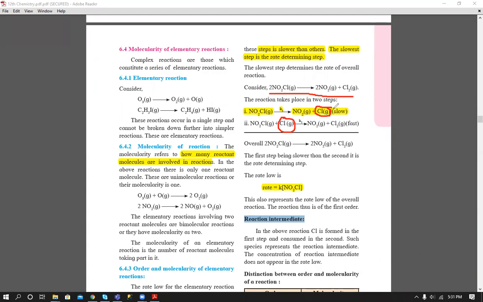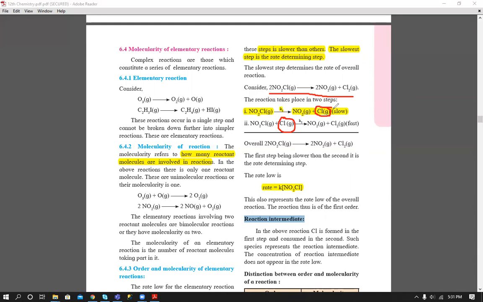So a reaction intermediate is produced in a step and gets consumed in the coming steps. It can be consumed in the second step.